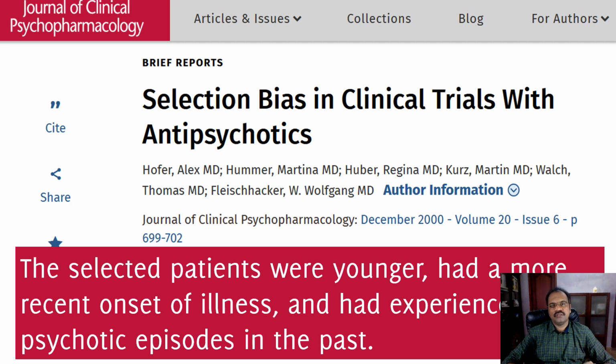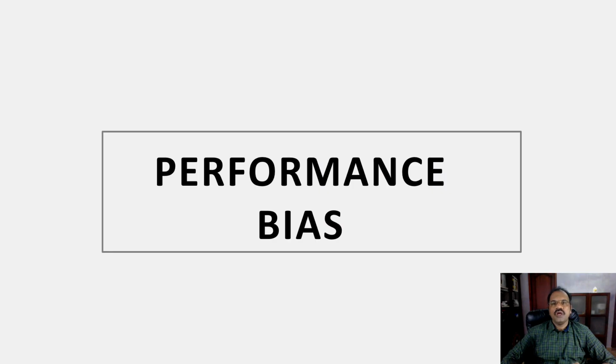When you are assessing the quality of an RCT, you have to use your own judgment to reach a conclusion about this. Performance-wise, what that means is that usually there is blinding in drug trials. The patient does not know whether they are getting a placebo or the active medication. The treating clinician may not know whether his or her patient is on a placebo or the active agent.